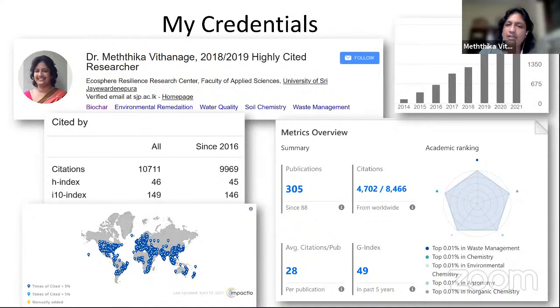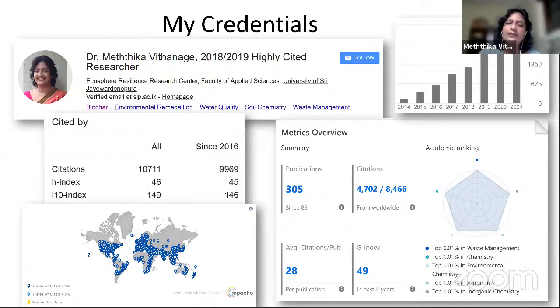When you publish an article in an international journal or even a local journal, it will be read by many other scientists. When they read your paper, they will cite your paper in their papers. That is what we call citations.